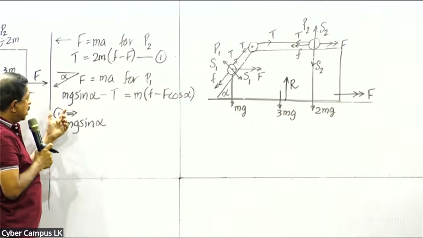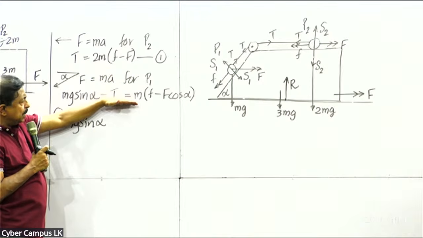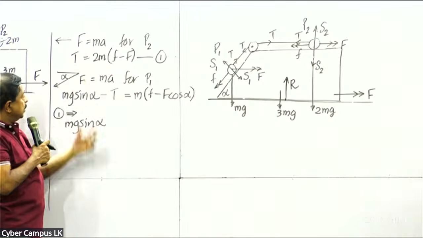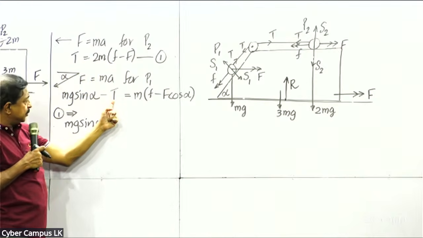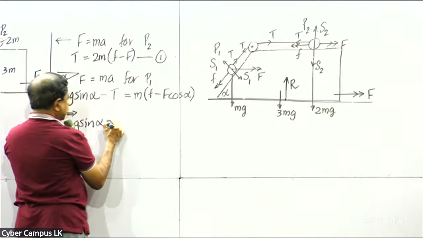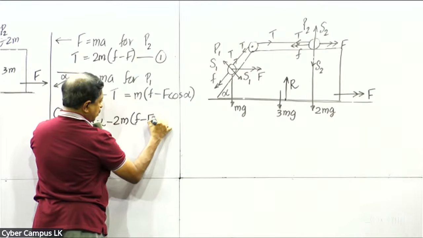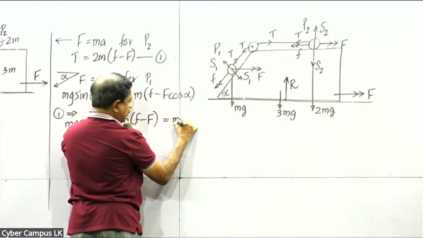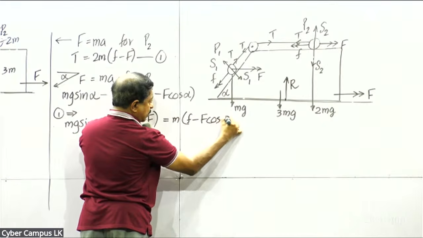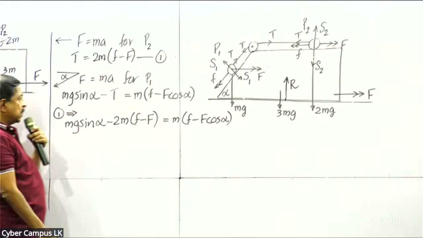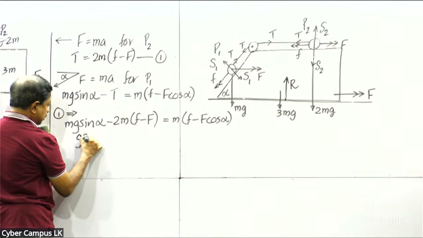Without labeling this equation, I cannot add these two. Instead, I can replace T by 2m times simple f minus capital F. So I can do that. Now I can divide everything by m.